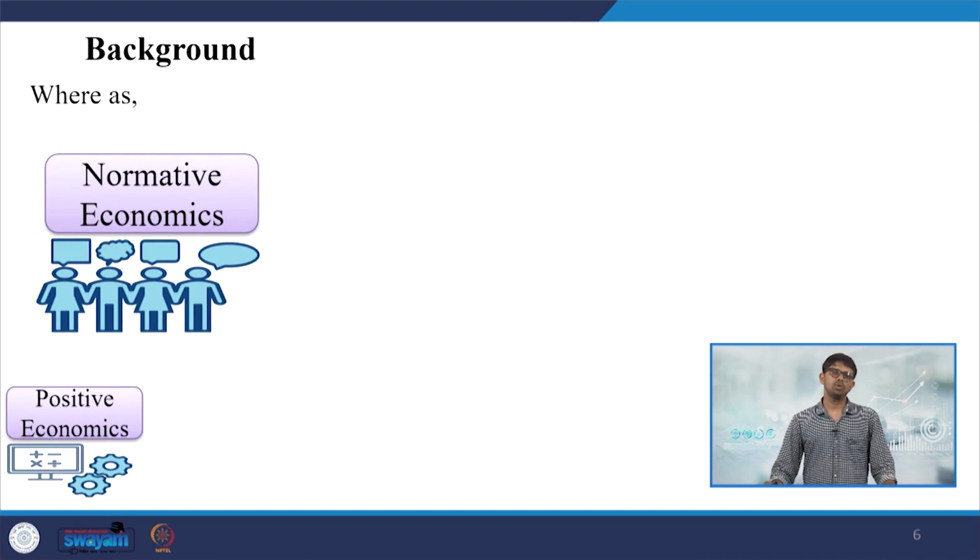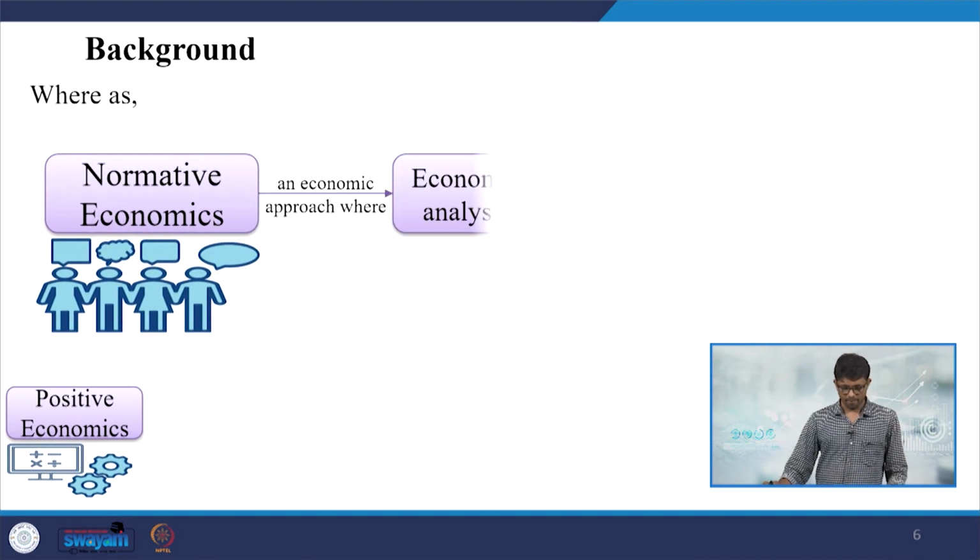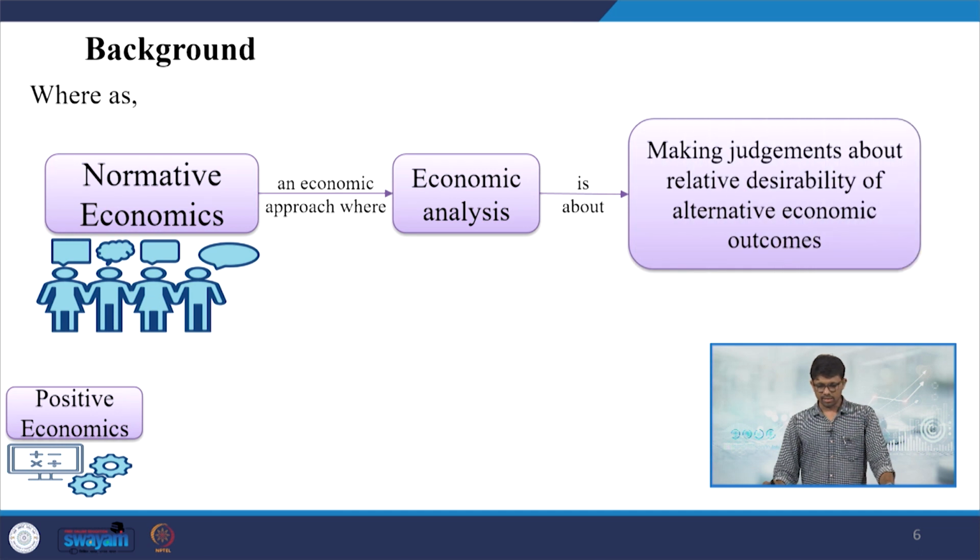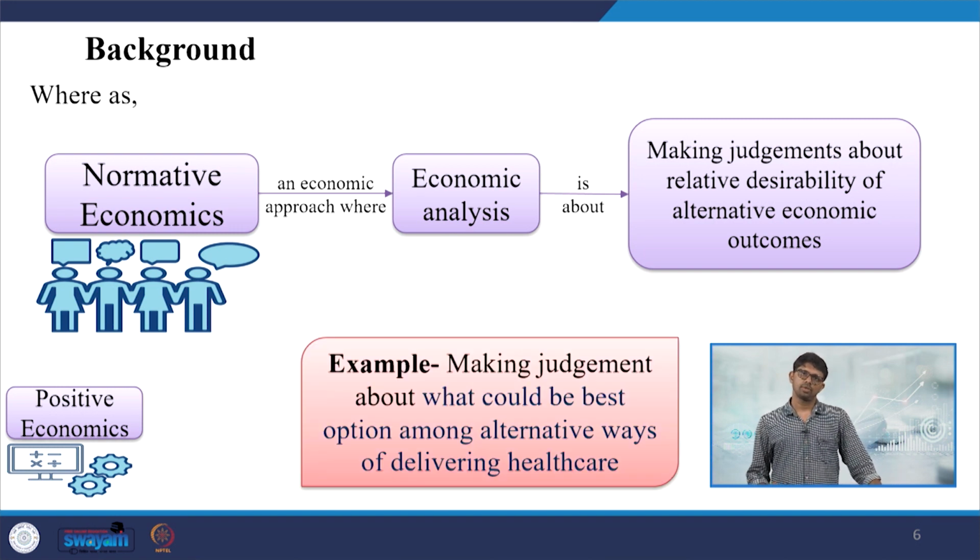Now we need to clarify normative economics. That's part of our economic analysis, and usually it clarifies judgments. In this case, we explain making judgments about the relative desirability of alternative economic outcomes, like what could be the best option among alternative ways of delivering healthcare.